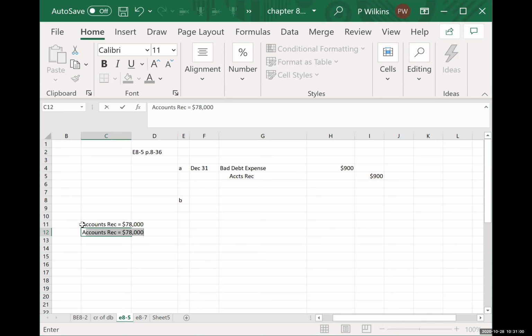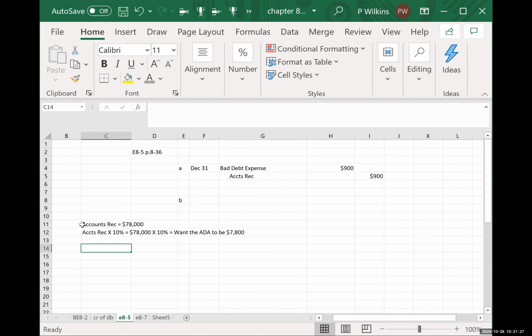So they're going to take the accounts receivable number times 10%, right? So it's going to be $78,000 times 10%. So they want the ADA to be $7,800. Okay, that's 10% of $78,000. But they tell you in this problem that the allowance for doubtful accounts has a credit balance of $1,100.